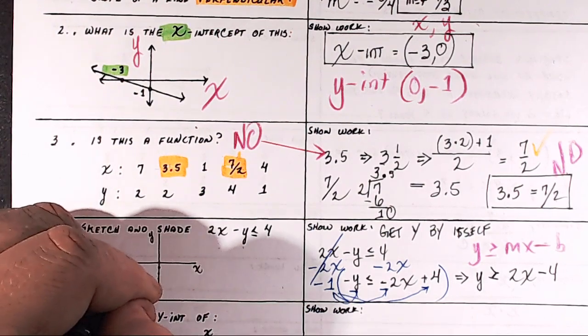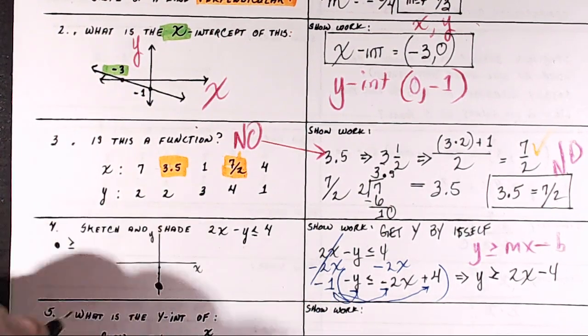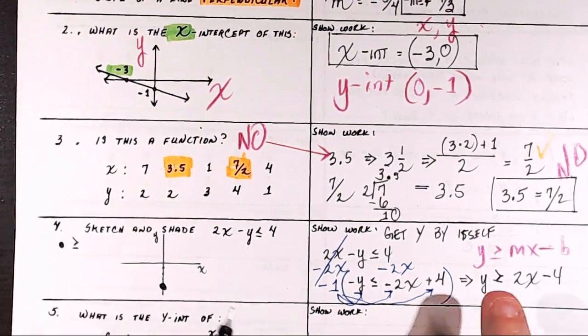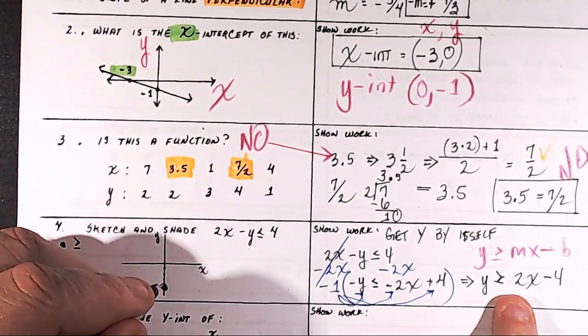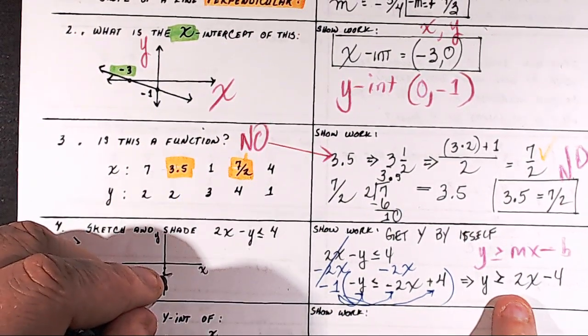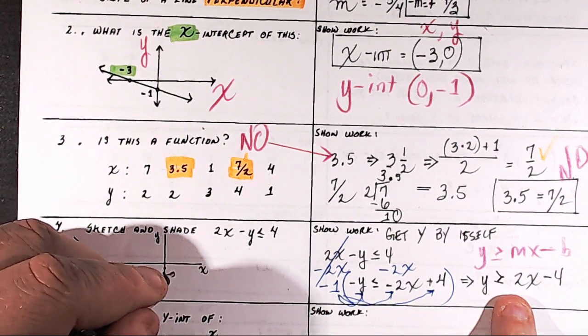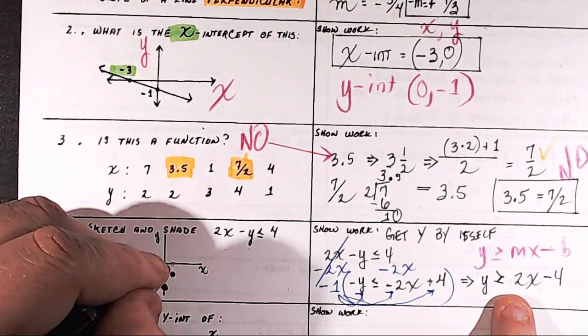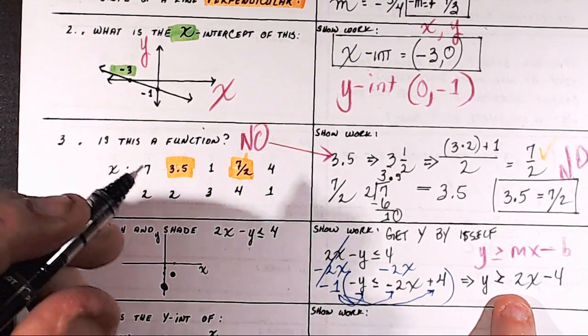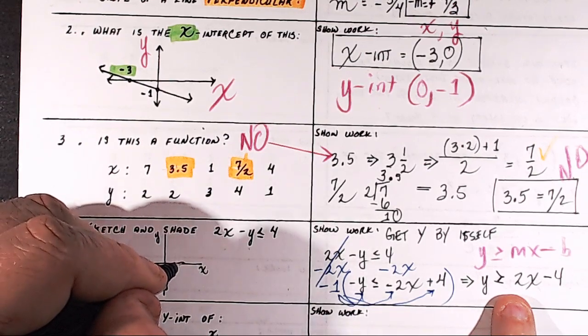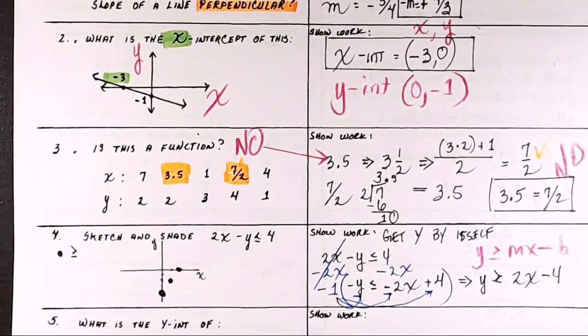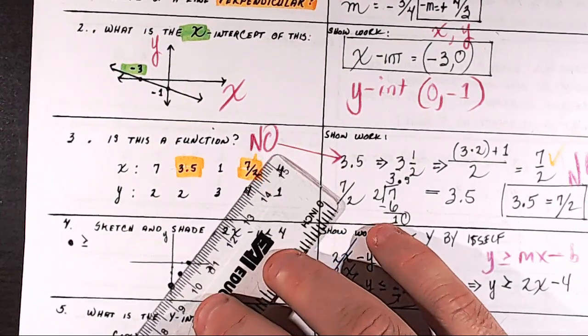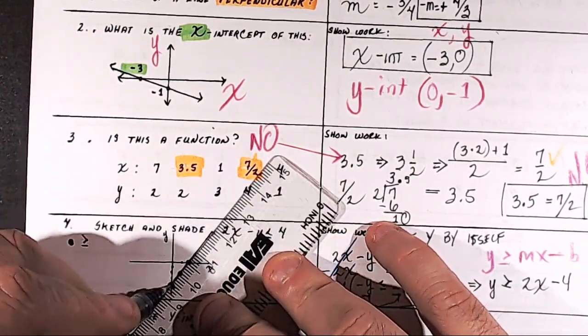But we'll put in a closed dot right there. Now I'm going to go up 2 over 1, like that. And now once I get a couple of them drawn in, I can draw it in.